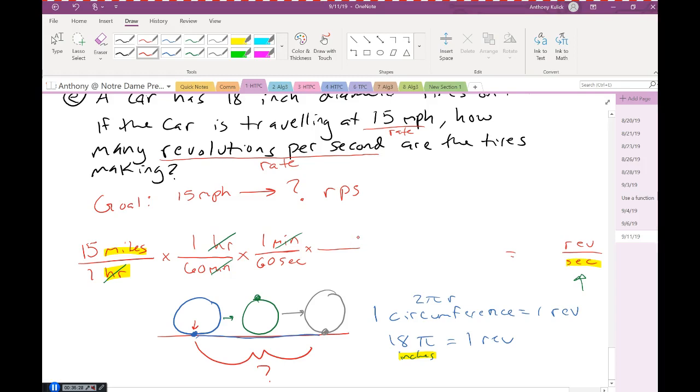What should we convert miles to first? Feet. How many feet are in a mile? 5,280 feet in 1 mile. And then from feet, we can convert to inches. 12 inches in a foot.